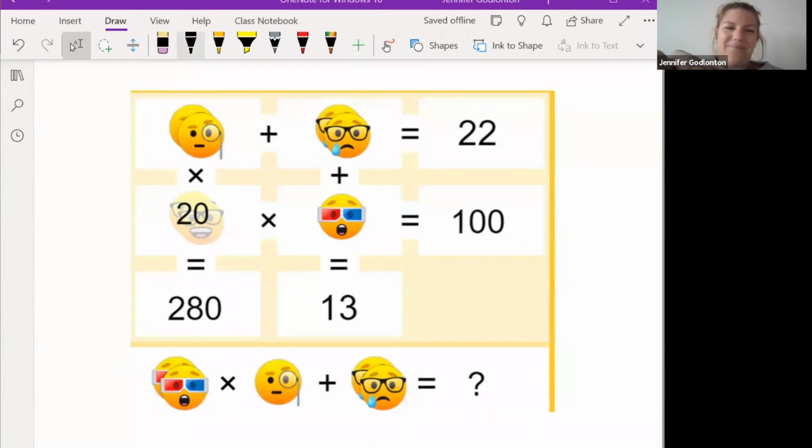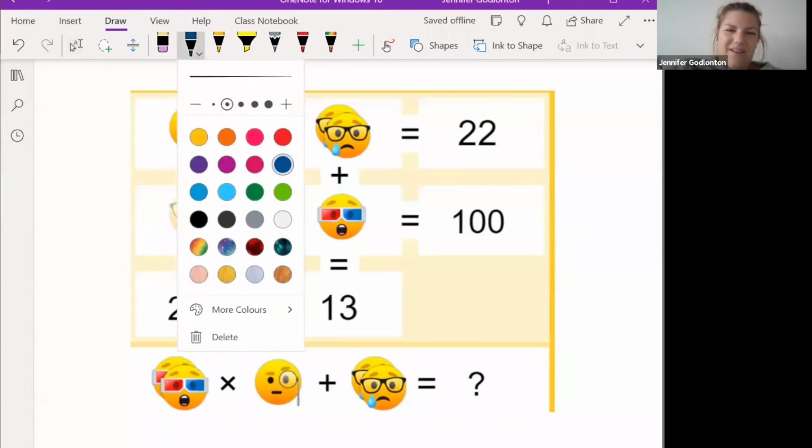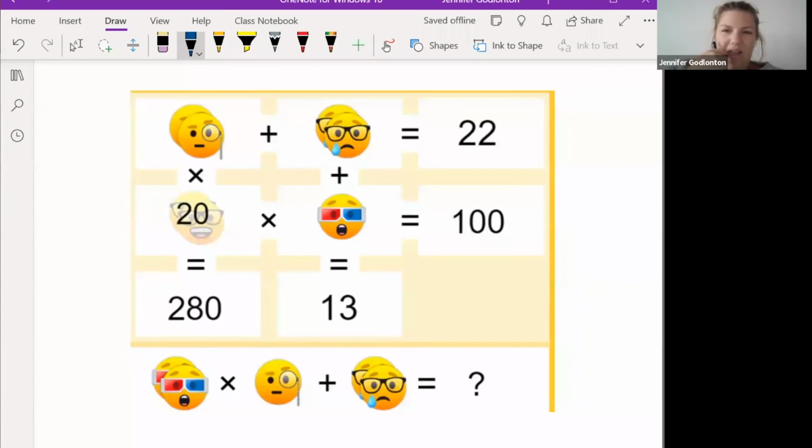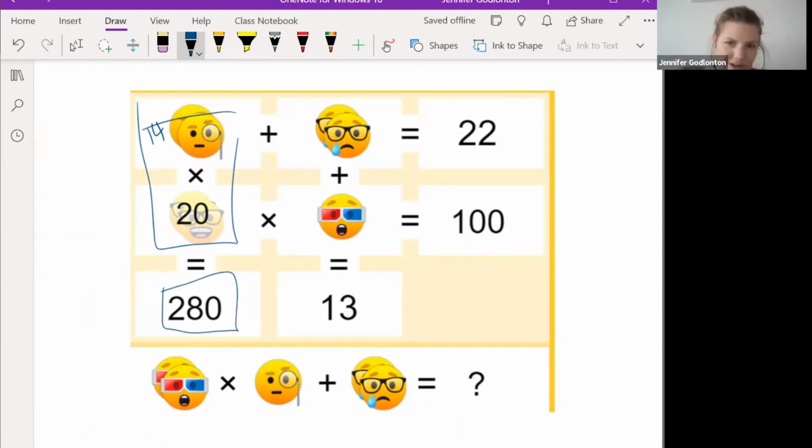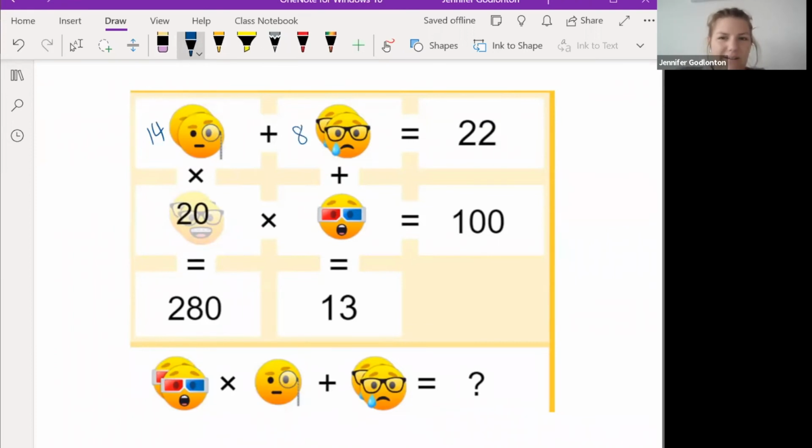So 14 plus 8 equals 22. Okay, so you saw that this has to be 14 because 14 times 20 gave you 280. Yes, ma'am. Okay, cool. And so then that means that this has to be 8 over here. Yes, ma'am. Okay, good. And what then does that mean the guy in our glasses is? 5. Good. Okay, cool. Everything you've said so far is great.